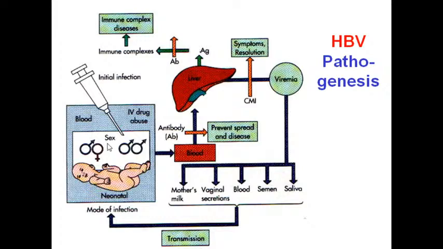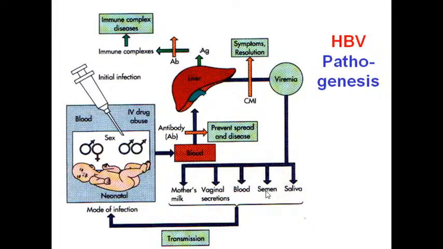It can be also transmitted through intravenous drug abuse. And this is vertical. So now horizontal transmission. It can be through mother's milk, vaginal secretion, blood, semen, saliva. The virus will be shed with any of those liquids.